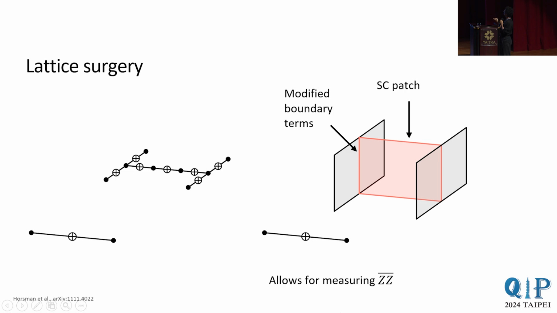Essentially you introduce a new surface code patch in the middle, and then you modify some boundary terms here and here. This whole thing, the surface code patch plus those modified boundary terms, allows you to measure the product of the Z logical here and the Z logical there, which means that you have essentially enforced a ZZ check on your 2 qubits.